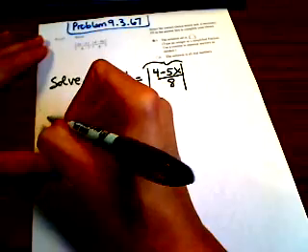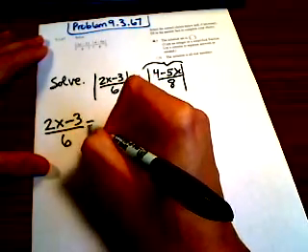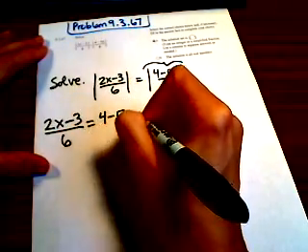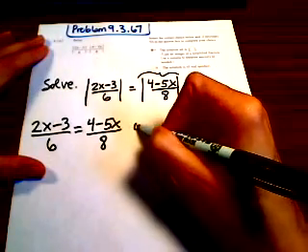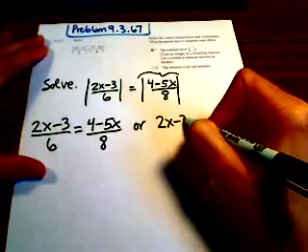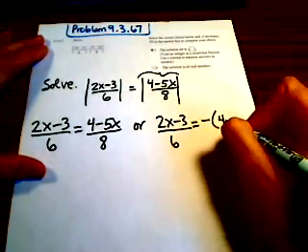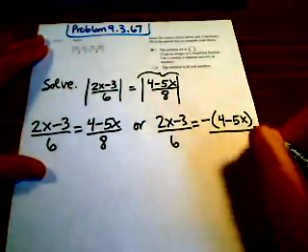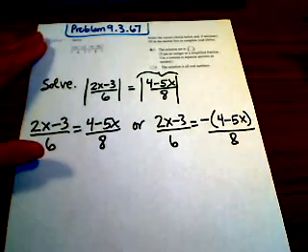So we're going to apply the definition here, and we're going to say (2x minus 3) over 6 is set equal to the positive of the right-hand side. But then we also need to set it equal to the negative of the right-hand side. So I'm going to take the negative of the numerator, because that would be the same as taking the negative of the whole thing.